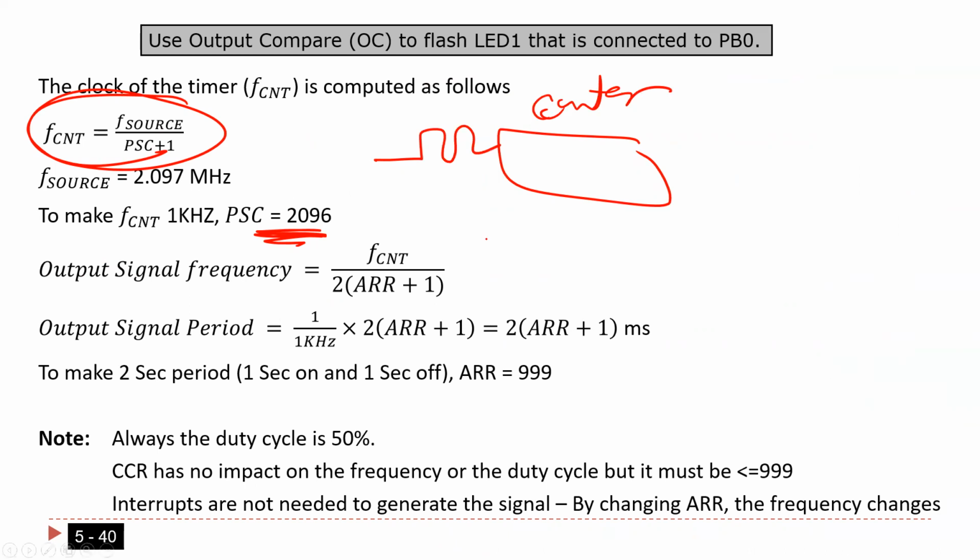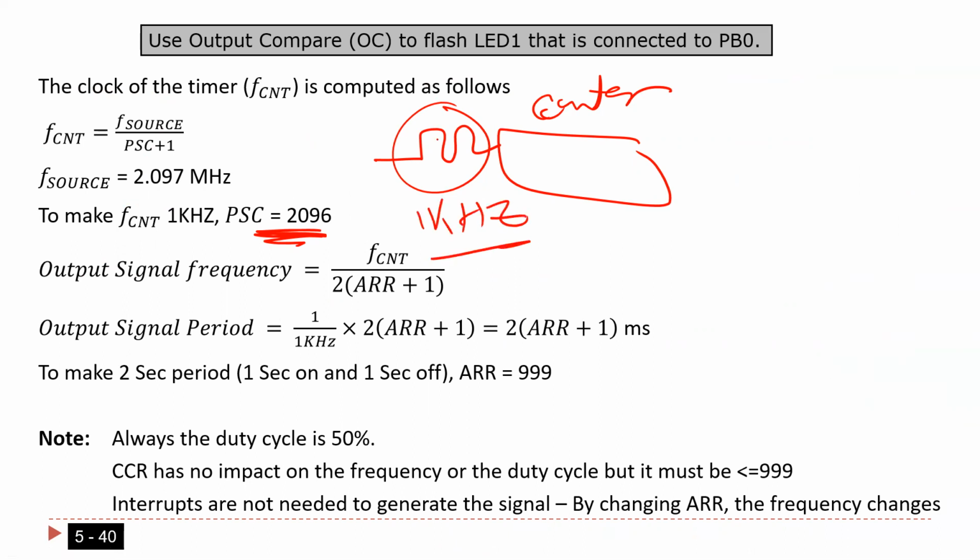How can we generate this clock? It's going to be the input clock, which is 2.097 megahertz, divided by prescale. If I make prescale this way, this can be 1 kilohertz. If you just do the math, that's why I'm going to select the prescale to be 2096.